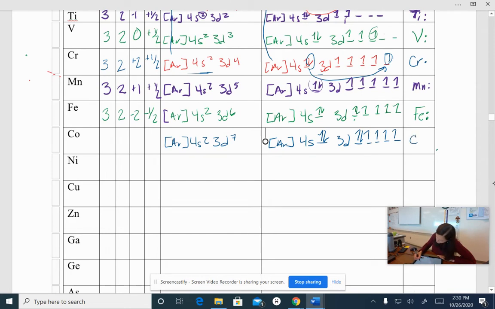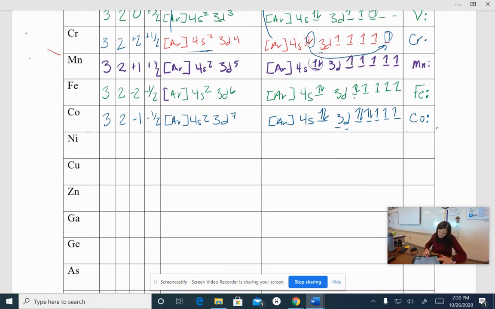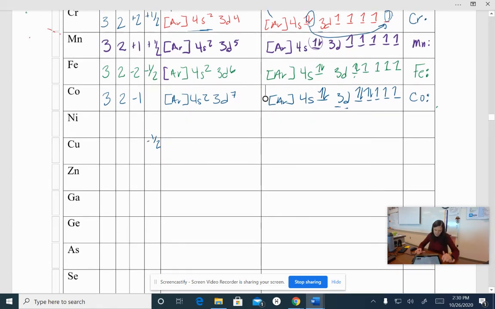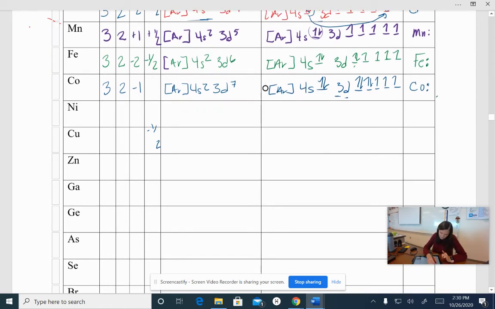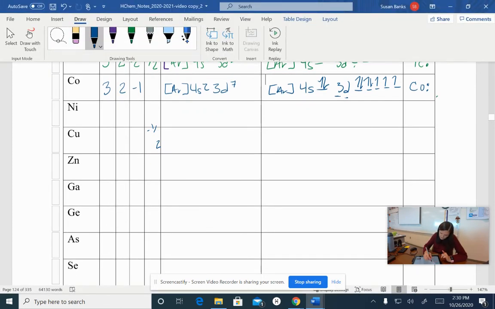Okay, cobalt will have 2 valence electrons. That last electron we just put in here will be third energy level. It's a d orbital. It's in the -1 orbital, and it's a -1/2. All right, so hopefully you're getting the pattern. Try the next couple. See if you can get it to work.